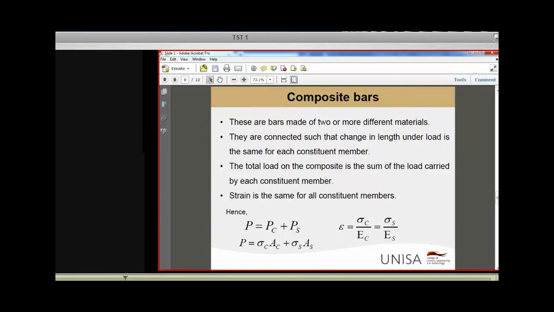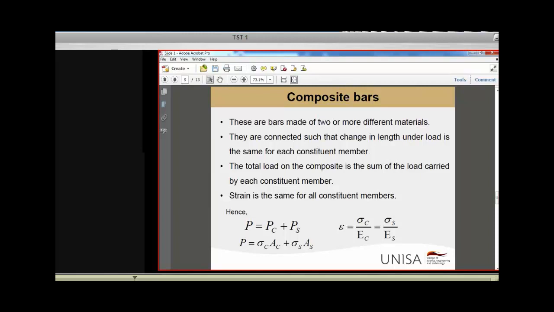And the strain will be the same because they have been connected and joined together, and they deform at the same magnitude. So just note that when you are dealing with composite bars that are connected together, these bars have the same strain, they deform in the same manner, but the load that the bar is subjected to will be shared by the different materials, the different constituents that make up that bar.